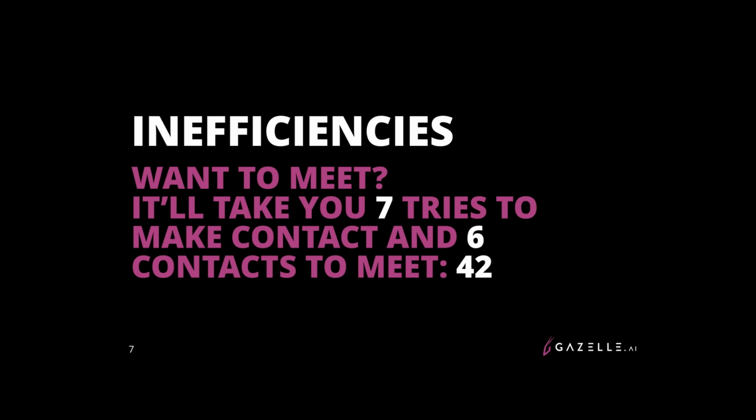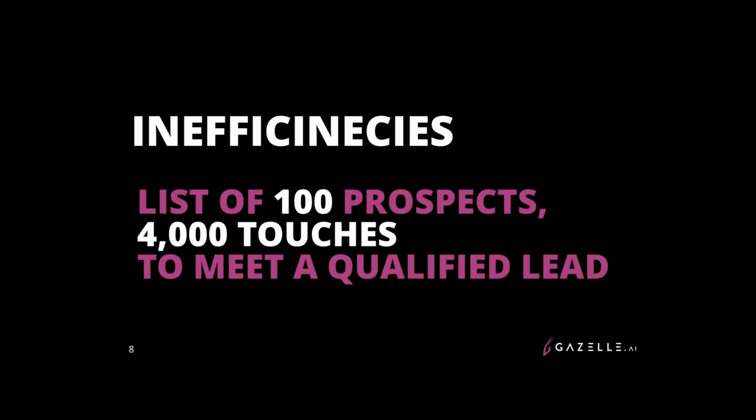So 7 tries per touch, 6 touches, that's 42 phone calls, emails, communication attempts, really to finally get that coveted meeting. Now, if we're looking at a list of 100 prospects that you've built, that's 4,000 touches, right? That's a lot of work.